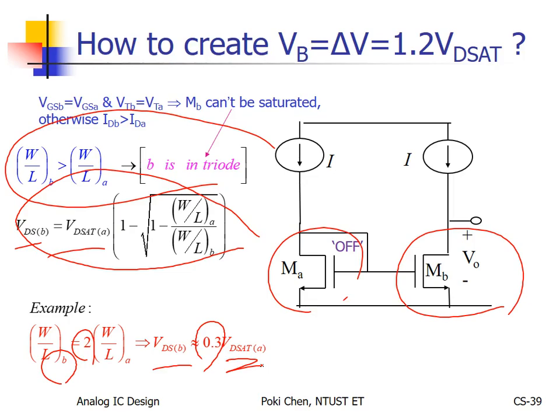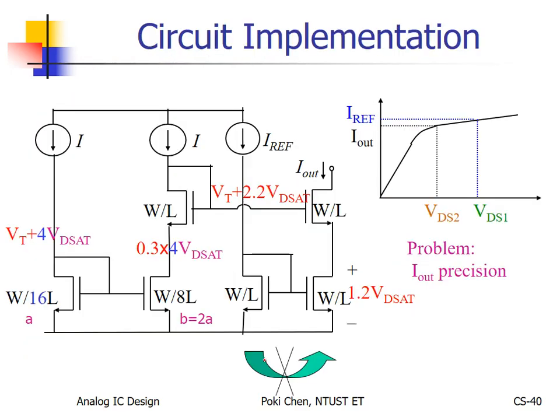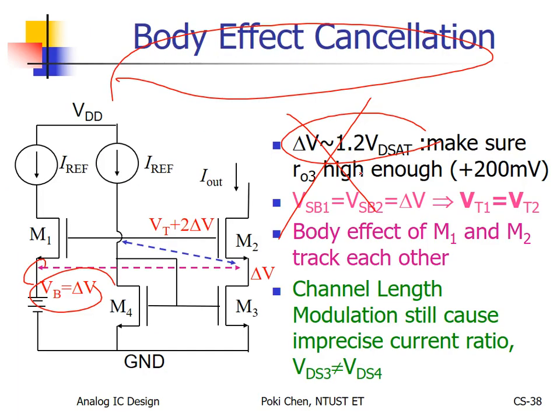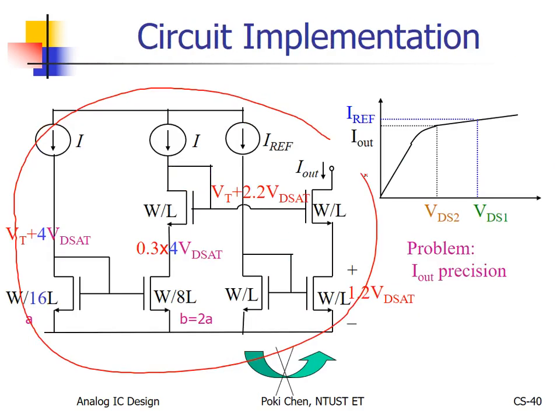And then with such kind of 0.3, this is for you. Okay, for what? How to make 1.2 delta V? Yeah, that is some kind of reference delta V. How to make 1.2 instead of 1 or 2? It is 1.2.